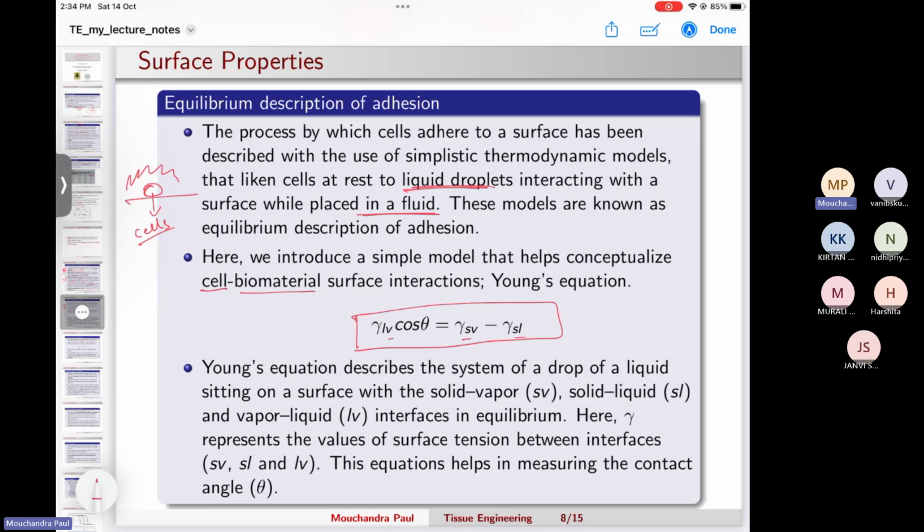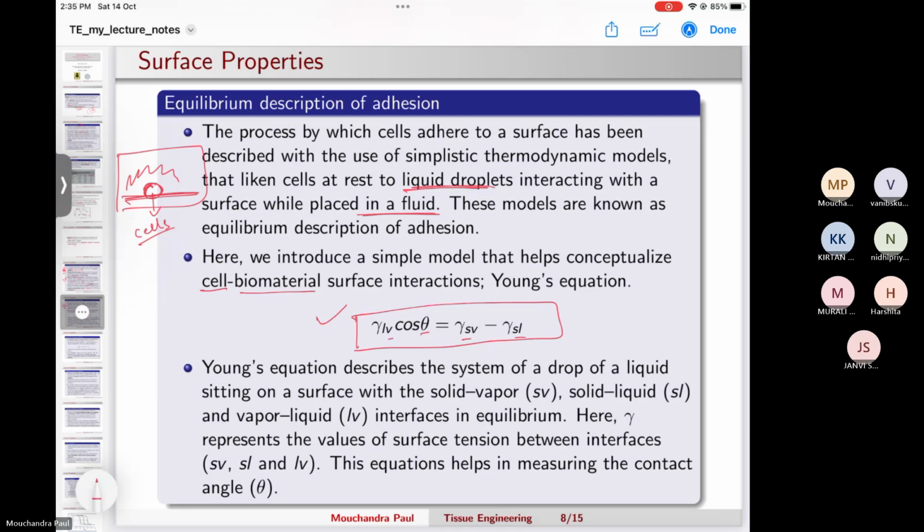All three states of matter exist in this particular system. This is the solid, and the cell is compared with the liquid droplet, so this is the liquid, and the surrounding is some vapor, some gas medium. So all these three states exist in our system, and this equation can be used.